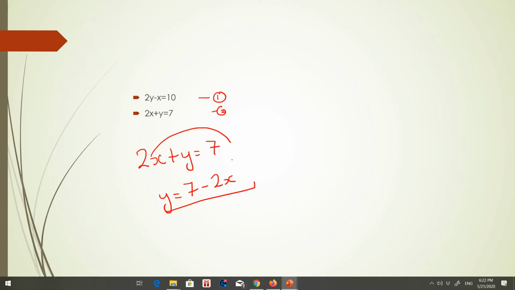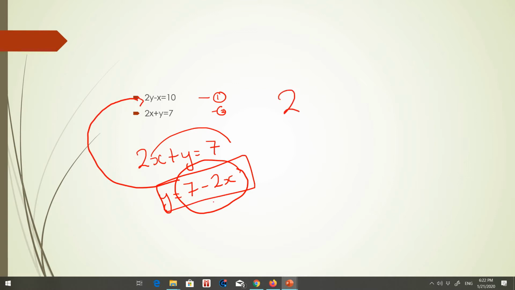So I've made y the subject of equation 2. Now I can replace the value of y in the other equation, which is equation 1. So I can say 2 times y, which is 7 minus 2x, minus x equals 10.